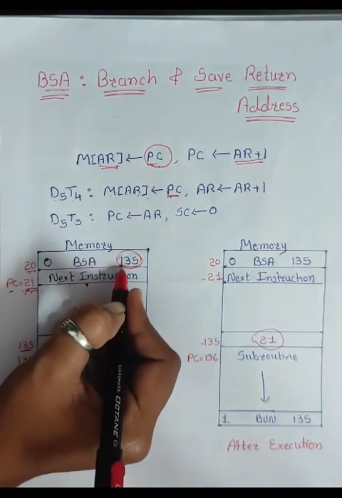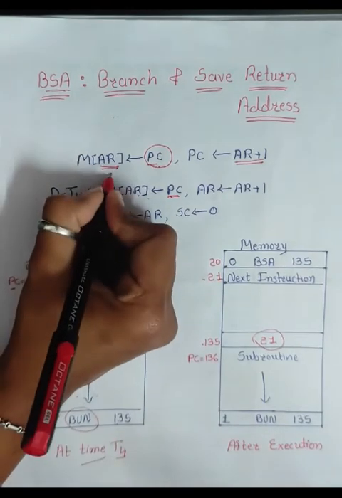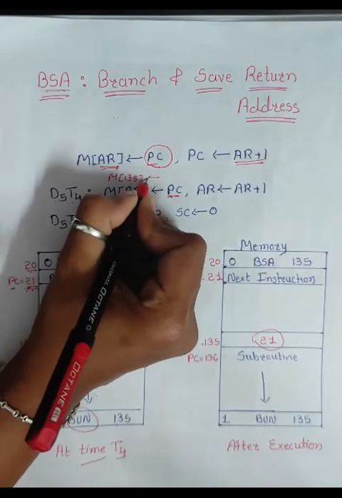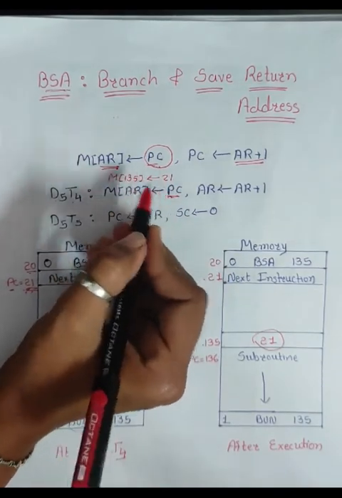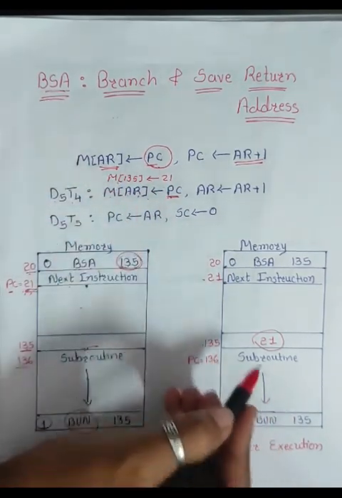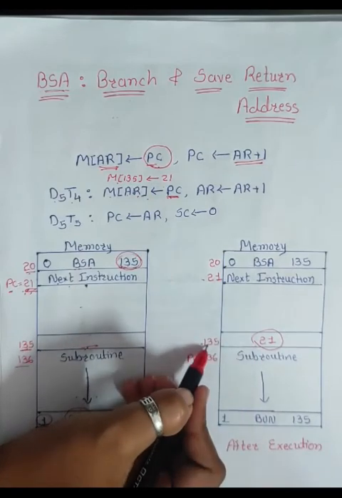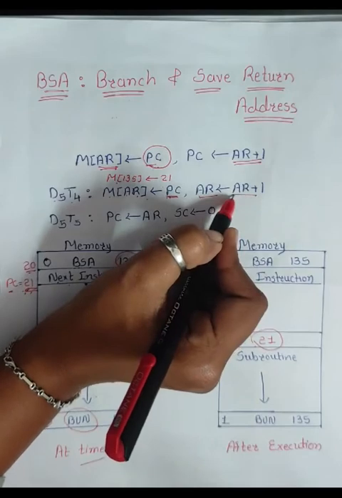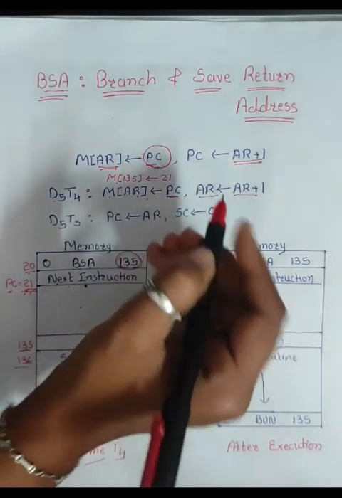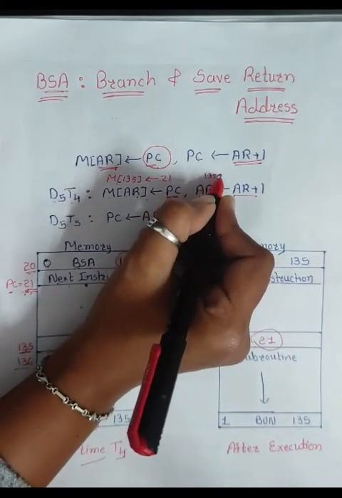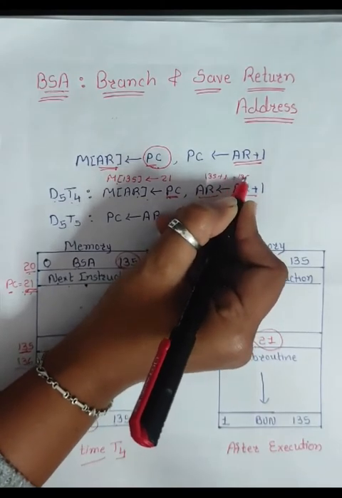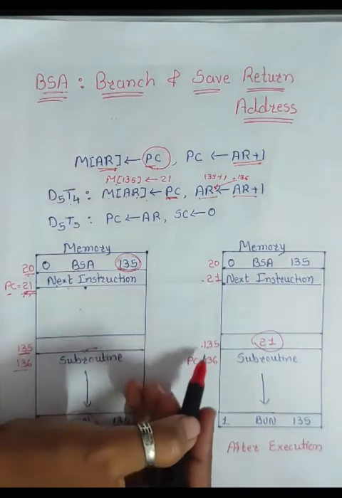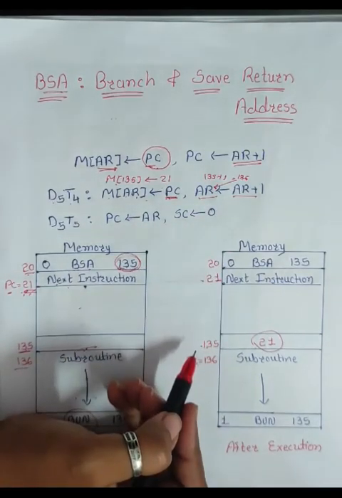The address register has 135, so 21 is transferred to memory of 135. So 21 is stored at location 135. Then the address register is incremented, AR plus 1, that means 135 plus 1, which is 136, and this is given to the AR. So now AR has the value 136.